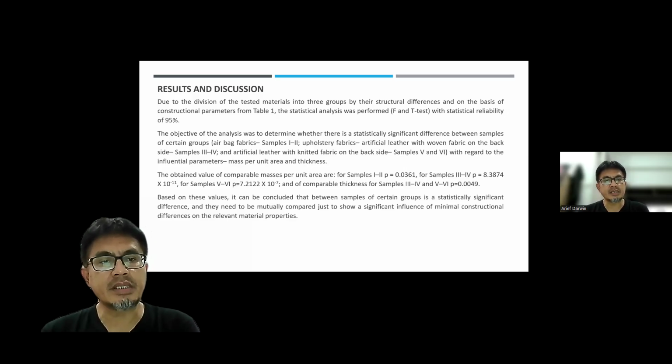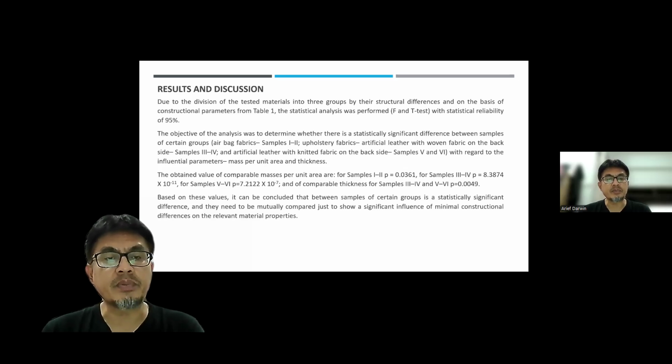Based on these values, it can be concluded that between samples of the certain groups there is a statistically significant difference, and they need to be mutually compared just to show a significant influence of minimal constructional differences on the relevant material properties.